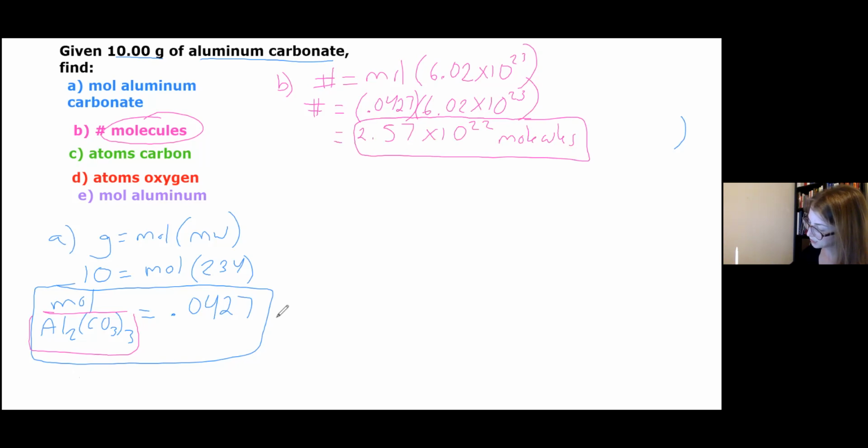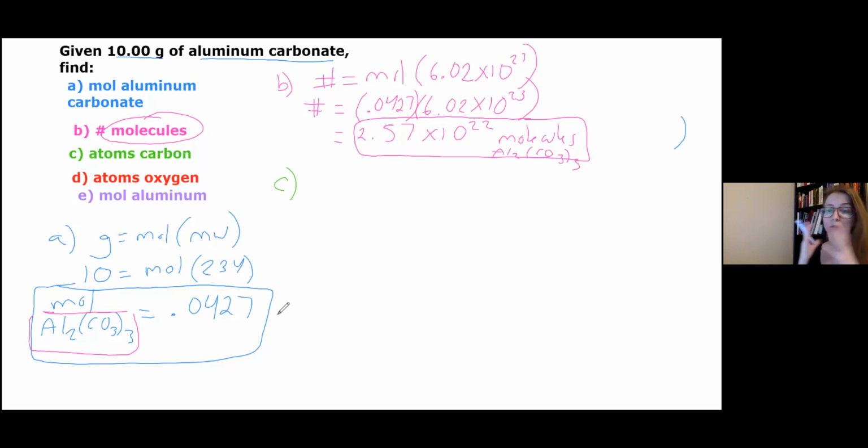For part C, we want atoms of carbon. Now, that means we know something about the whole that's related. We know the molecules of aluminum carbonate. To get the atoms of carbon, carbon is just one part of that aluminum carbonate molecule.